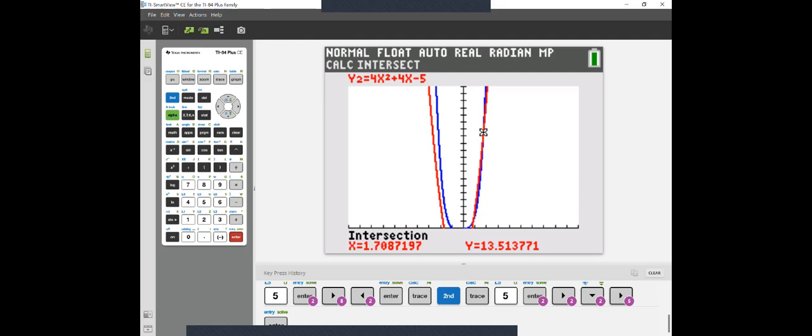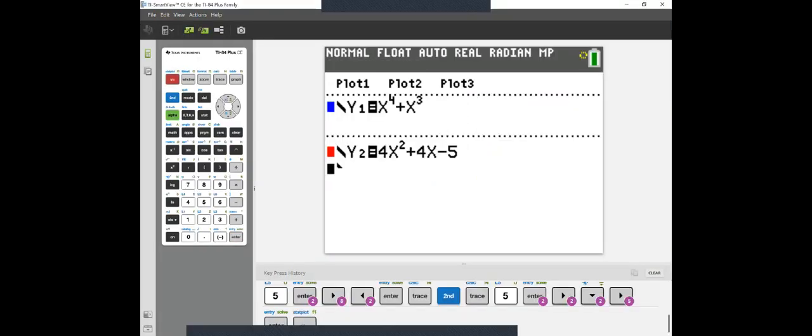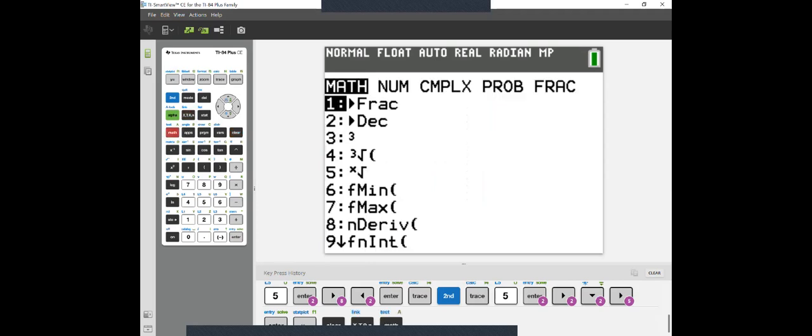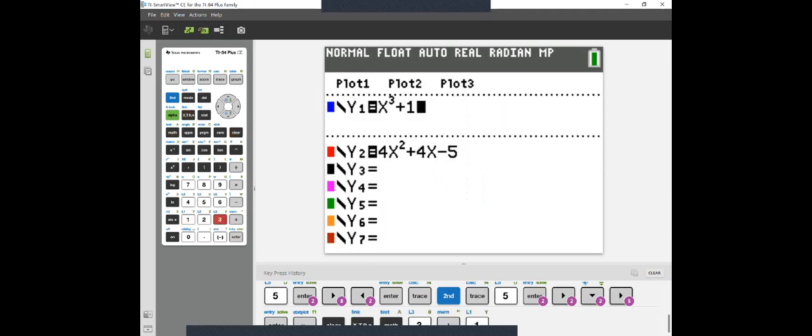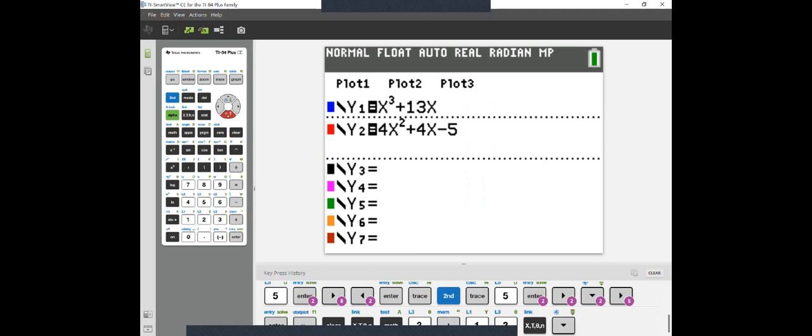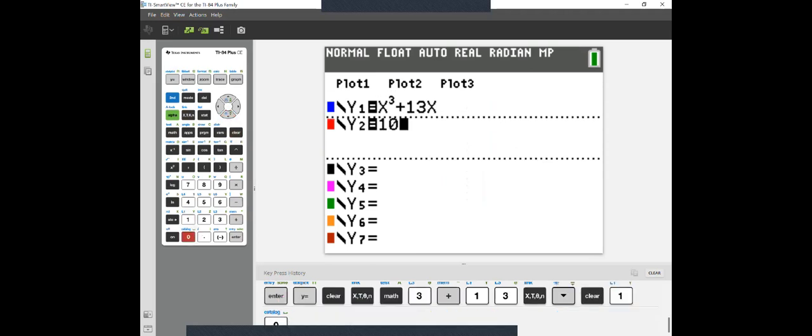Now I can't remember what my x cubed plus 13x equals 10x squared.